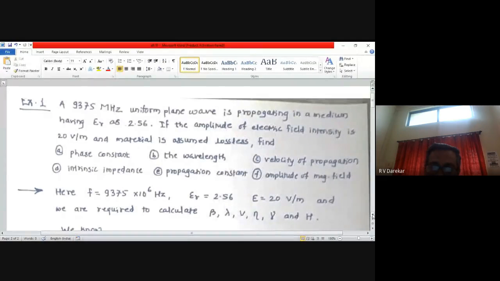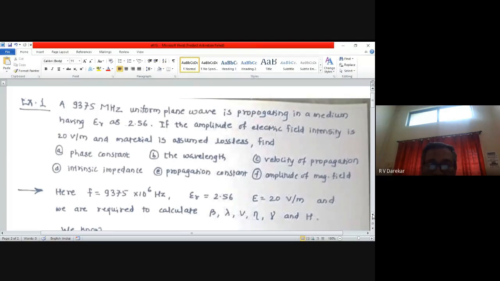Here we can observe that the wave has a frequency of 9375 into 10 raised to 6 hertz. Suppose we have an LED which is given AC or alternating current; we can observe the LED blinking. That 50 hertz frequency can be observed by us.